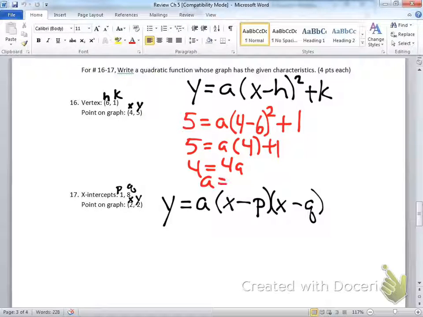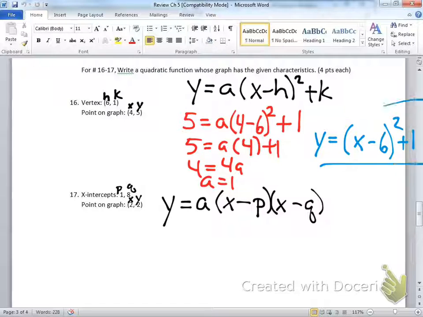So I'm getting A equals 1. And then we rewrite it with 1 in for the A, and then H and K as well. So that's the answer on that one.